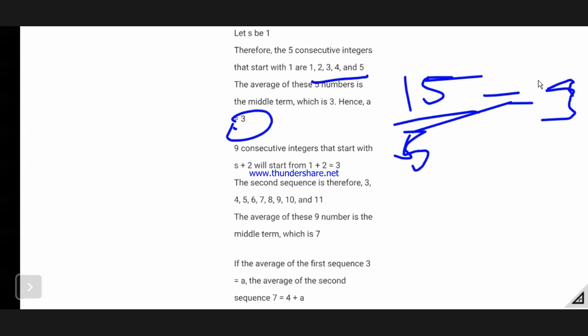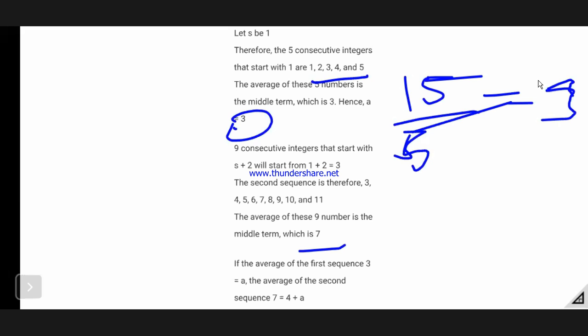After that, they are saying that the 9 consecutive integers start with A plus 2. So we put 3 and write 9 integers: 4, 5, 6, 7, 8, 9, 10 and 11. We take the average for those 9 numbers. We will get the value as 7.